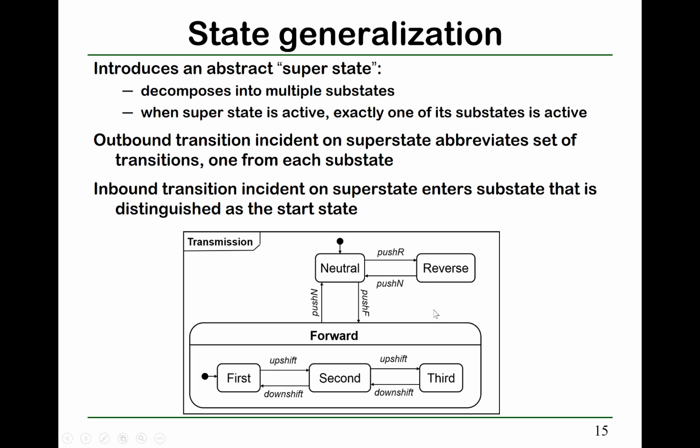This super state includes multiple states, and an outbound transition, a transition leaving the super state, means that you have one transition leaving from each state in the super state. And for any transition coming into the super state, you come to the initial state, and here we use this dot to indicate the initial state of the super state.